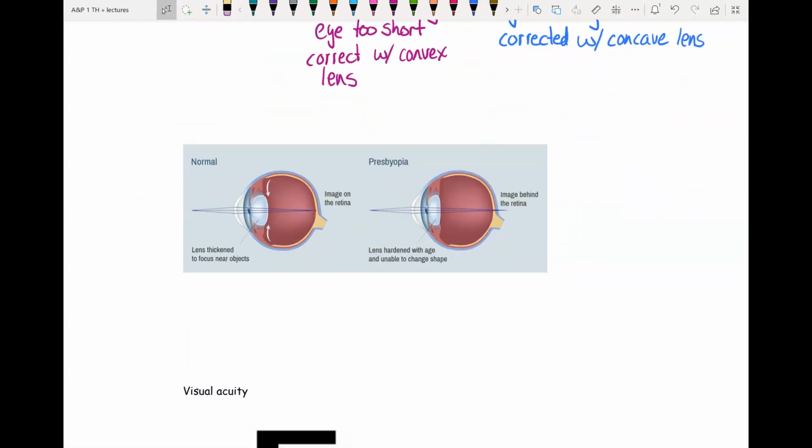Another thing that tends to happen is presbyopia. This occurs with age. So think about the lens and that squishy ball again.